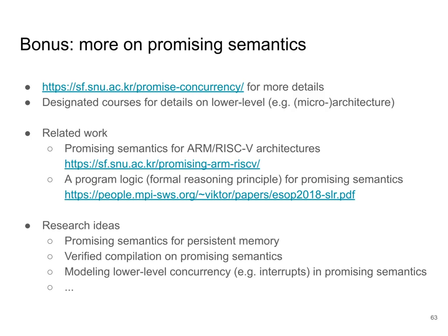And there is a program logic that is a formal reasoning principle for promising semantics, and there are a bunch of research ideas on top of this promising semantics. So we are almost finished working on promising semantics for persistent memory, which is a new emerging class of storage between the DRAM and SSD.